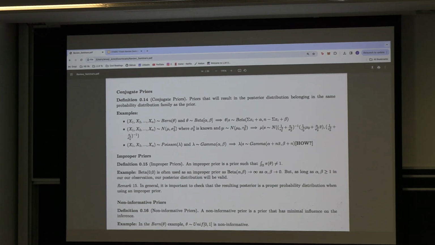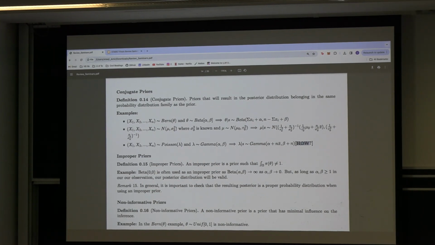If mu is distributed normally with mu naught and tau naught, then the posterior mean given the data is also distributed normally. And finally, if the data is Poisson and lambda is distributed as a gamma distribution, that would also yield a posterior that follows the gamma distribution.